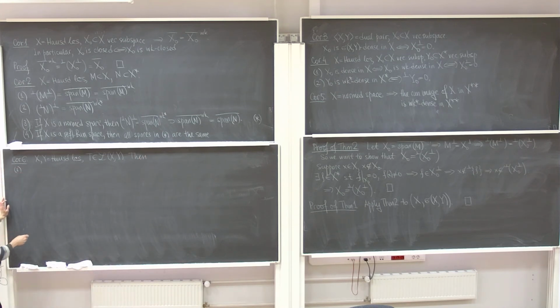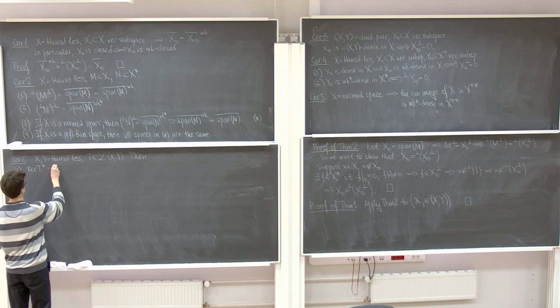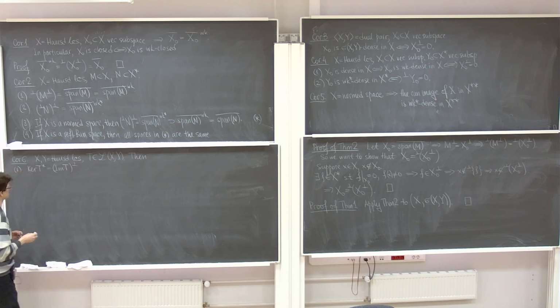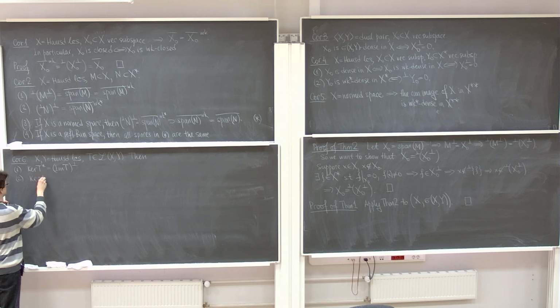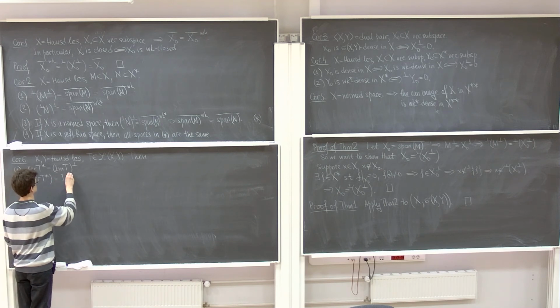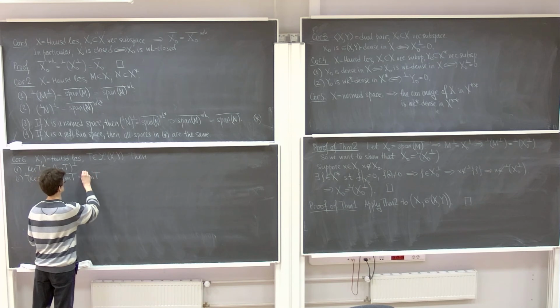First of all, the kernel of the dual operator equals the annihilator of the image of T. Second, the pre-annihilator of the kernel of T star equals the closure of the image of T, which is the same as the weak closure of the image of T.